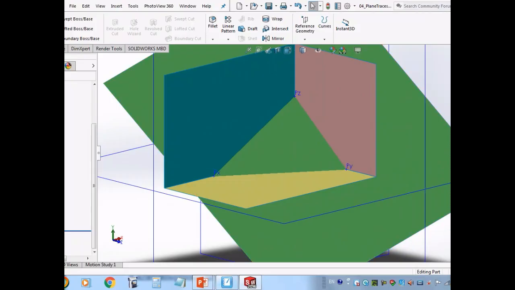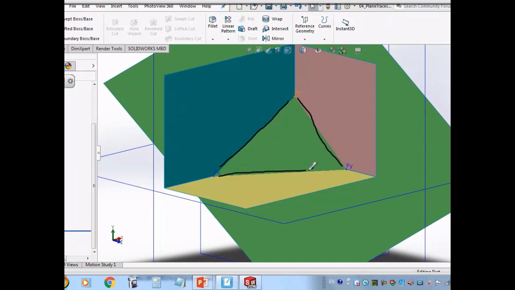So the intersection lines will create the lines here and there, and in the top plane. The yellow one is the H plane, the blue one is the V plane, the front plane, and the profile plane is W, the purple one.